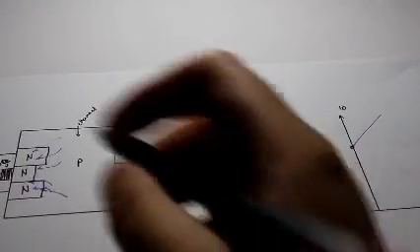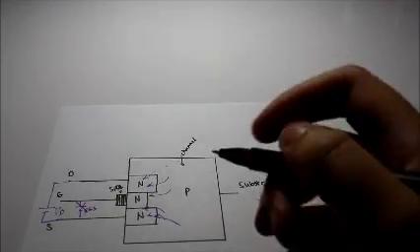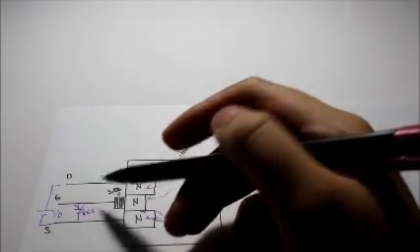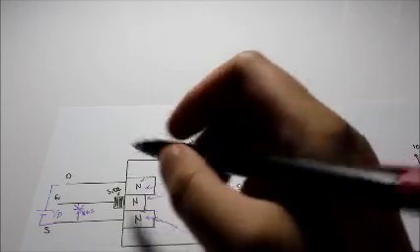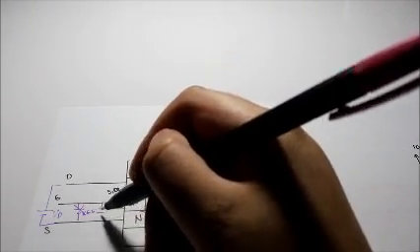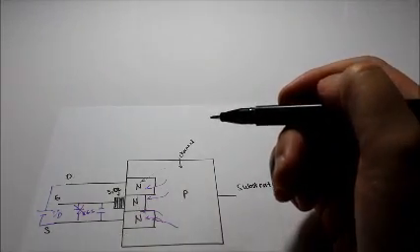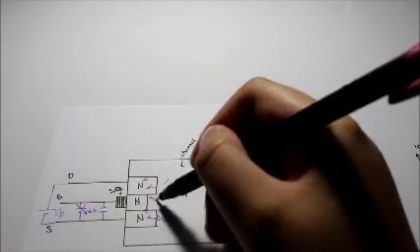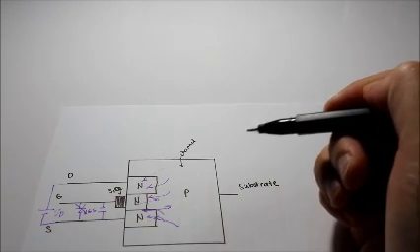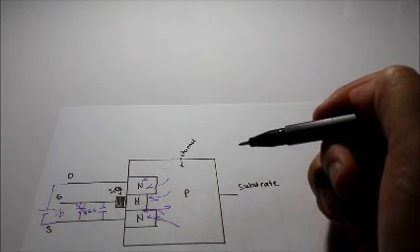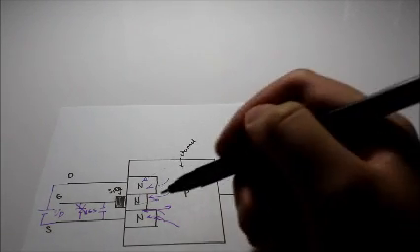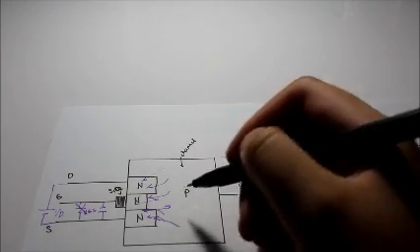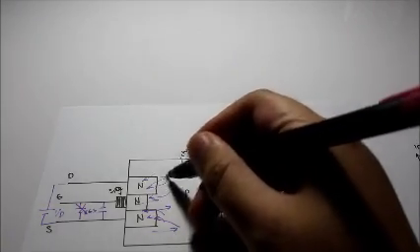Now, disconnecting the VGS battery and applying another battery with opposite polarity, what will happen is that the electrons will get repelled and will go towards the substrate. So obviously, the electrons in that channel will decrease, and as we increase VGS in the negative direction, the current will also decrease.